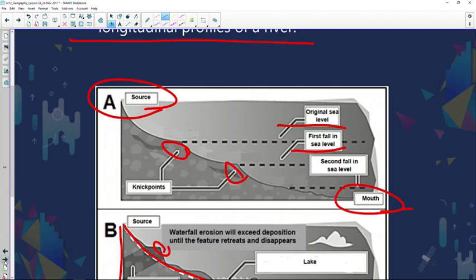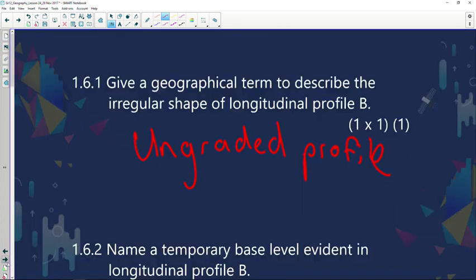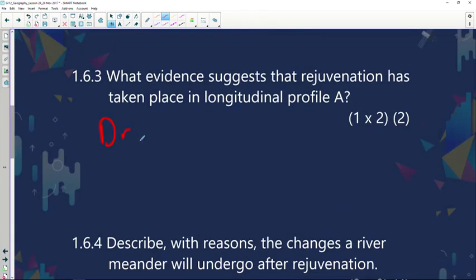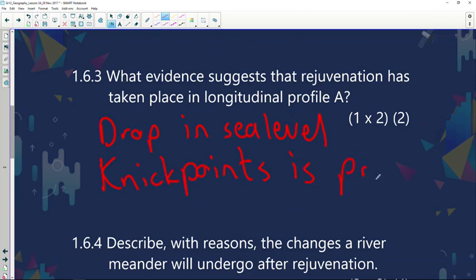So that's our two correct answers: a drop in sea level and nick points is present. And we can also say that it has become an ungraded profile.